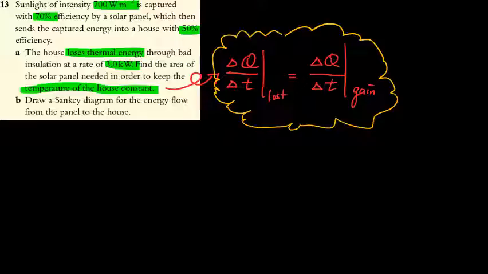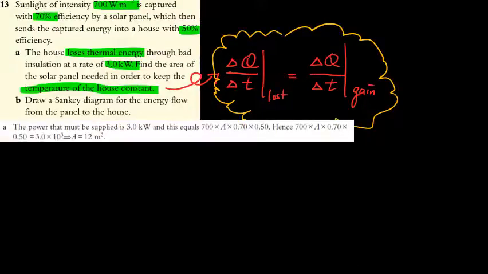So if you know this, you can simply say the power supply must be 3.0 kW, and that would equal this, and therefore it's very easy to find the area, as long as you look at the unit carefully.